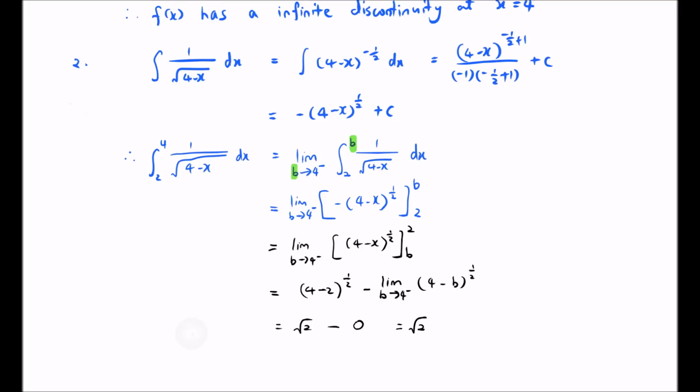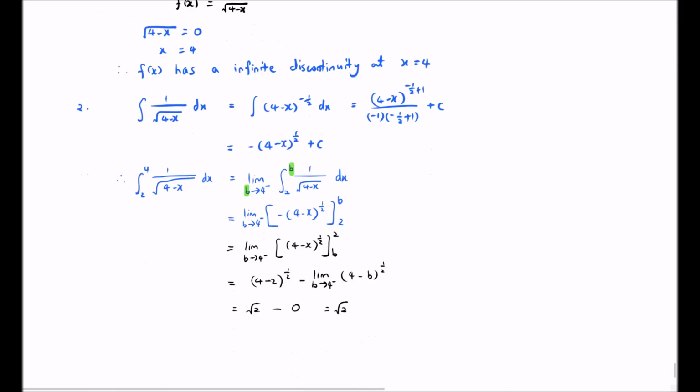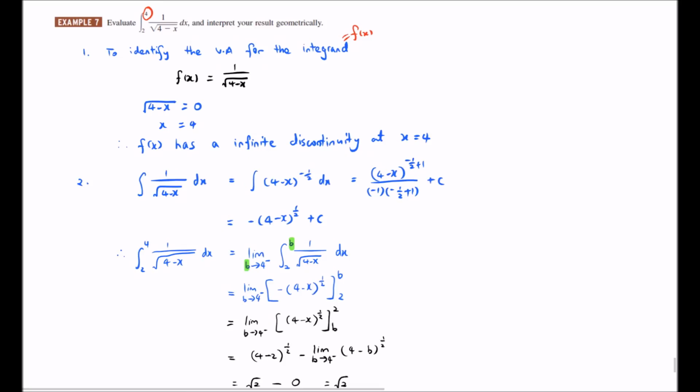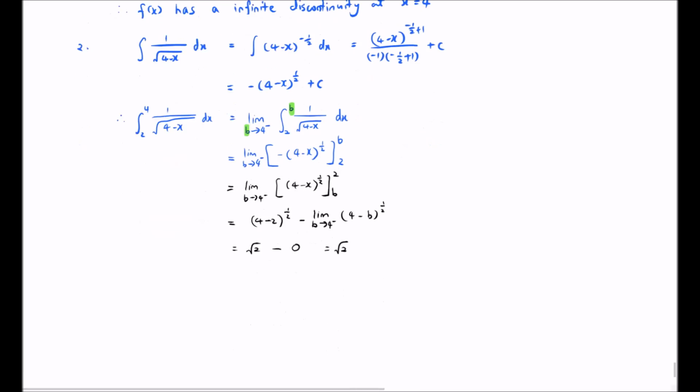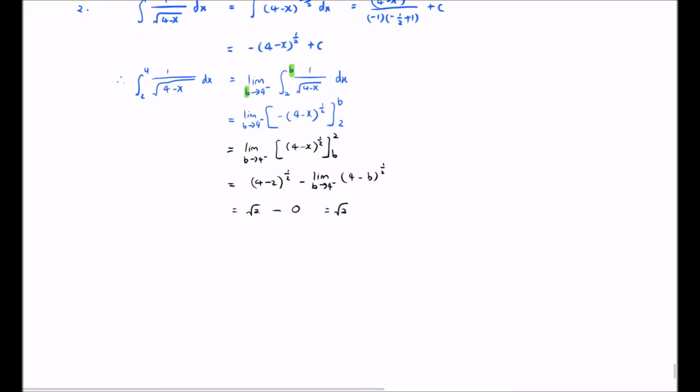Now the second part of the question: interpret your result geometrically. How to interpret? Geometrically means to use a graph. So roughly you have to be able to sketch the graph of 1 over square root of 4 minus x.